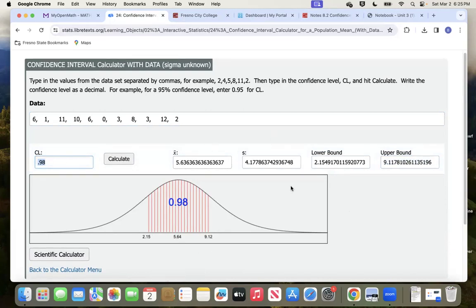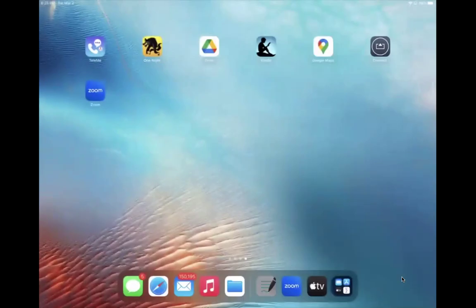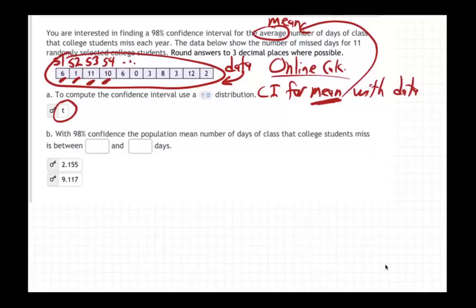So back to the original problem. And there are the two answers which we observed. There's the data, confidence interval for mean with data. And so there we go.